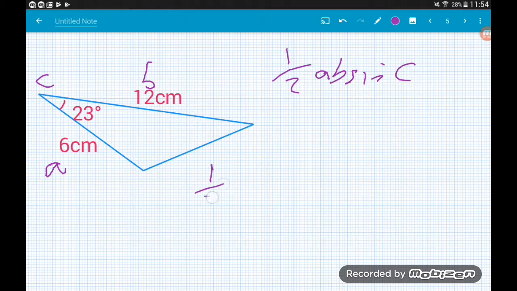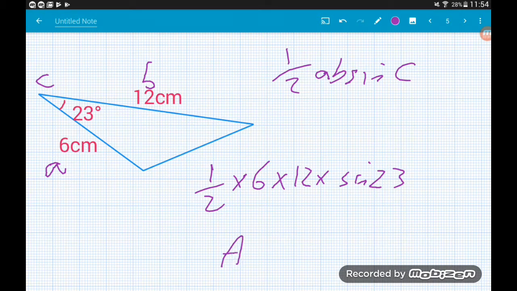We get 1/2 times 6 times 12 times sine of 23. Now again, sine of 23 is not one of our standard trig values, so we would need our calculator. If you plonk that in to one decimal place, you will get the area as 14.1 centimeters squared. Jobs are good. Okay, we're going to do one more.